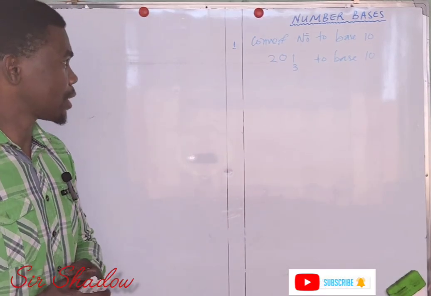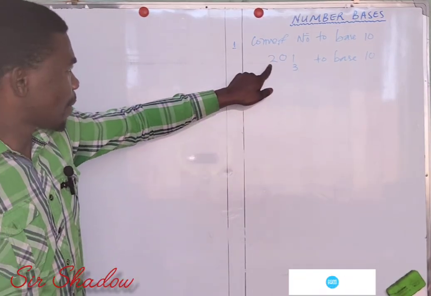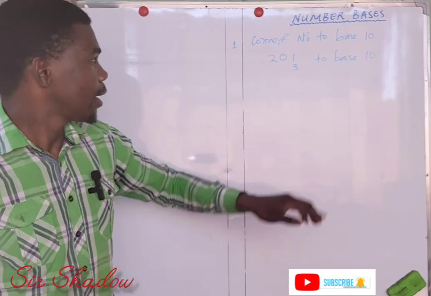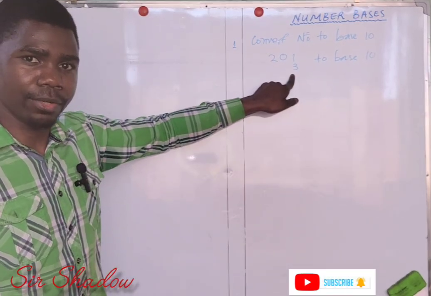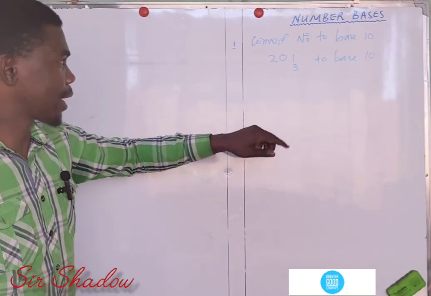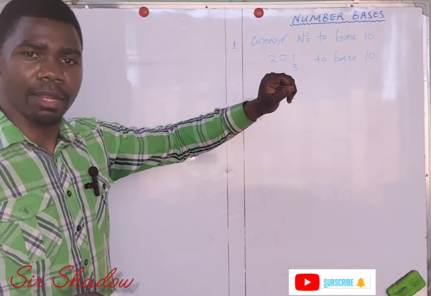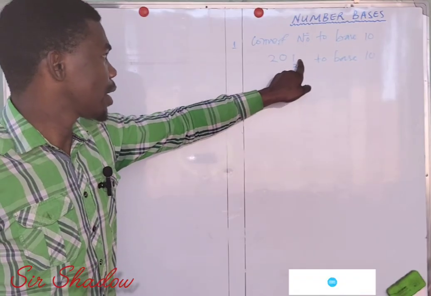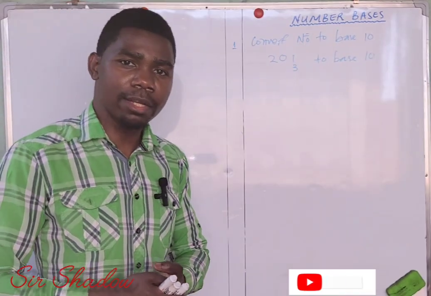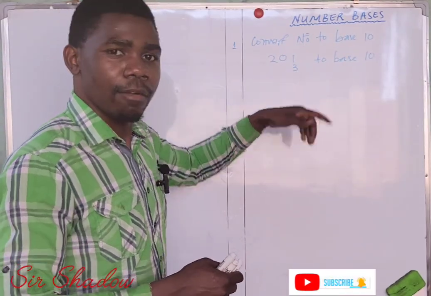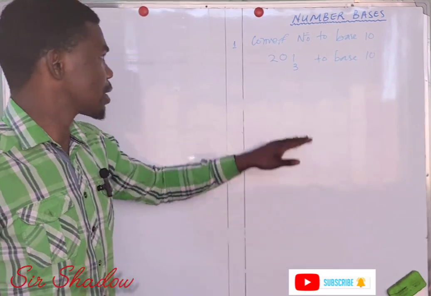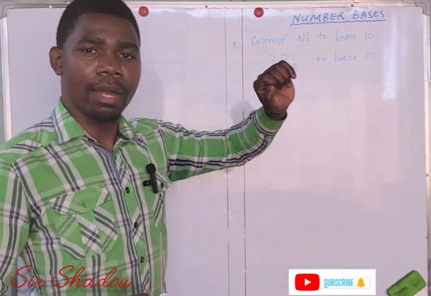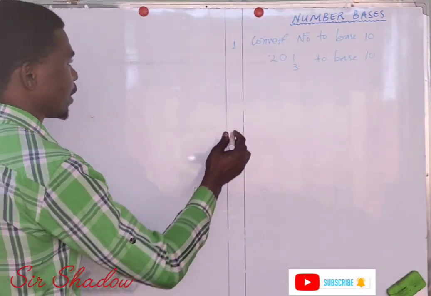Whenever dealing with number bases, what you have to know is that these digits, written as 201, must all be less than the given base, right? You see, 2 is less than 3, 0 is less than 3, 1 is less than 3. All these digits should be less than the given base for number bases to work. So let's convert the number 201 base 3 to a number in base 10.